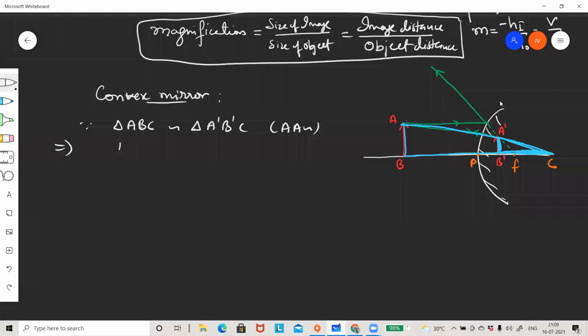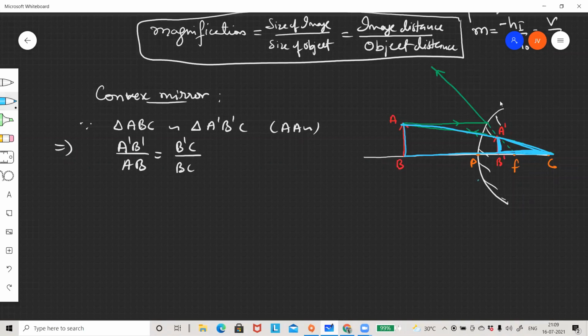So first, image information, A prime B prime by AB, is the ratio B prime C by BC. All right, so the left side I won't disturb, but what is B prime C? First, this is the F, understood.